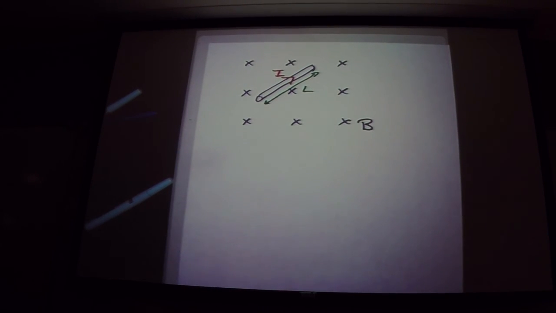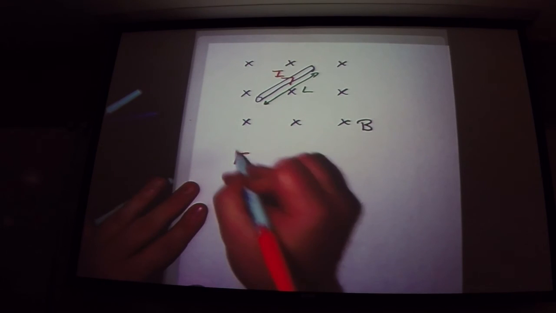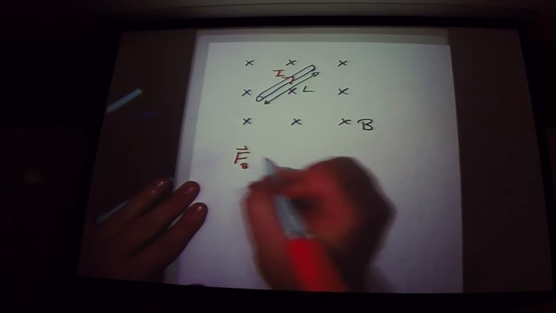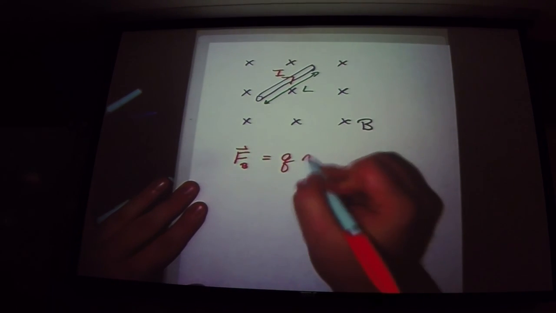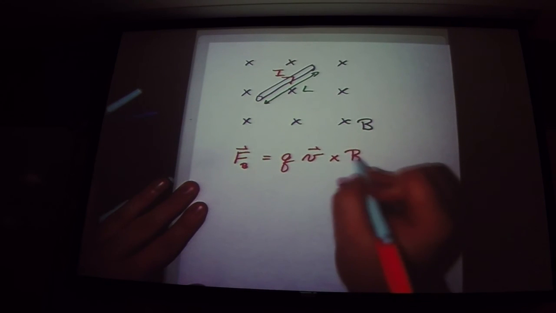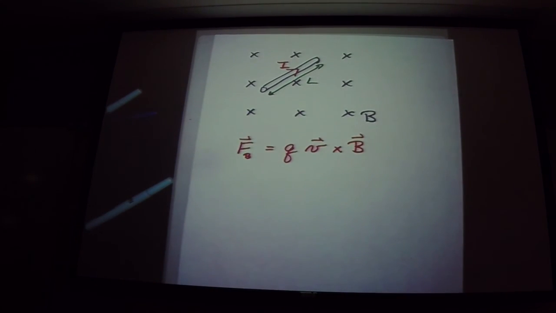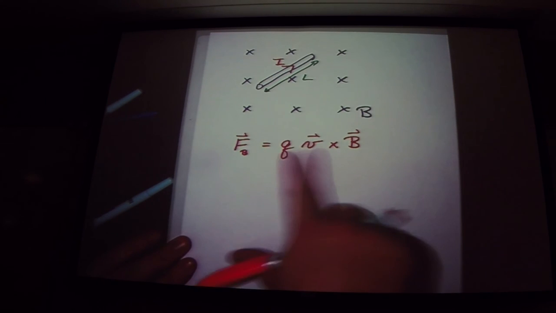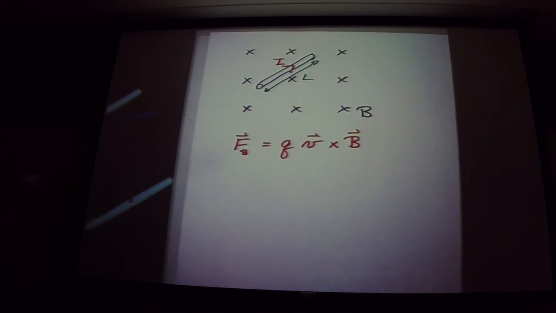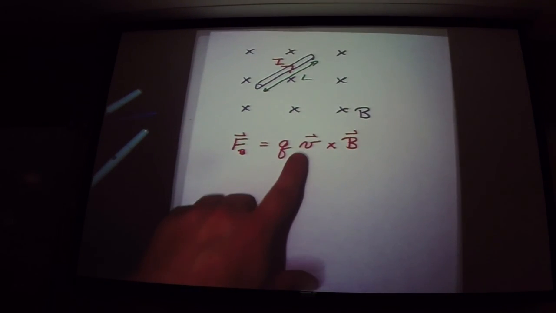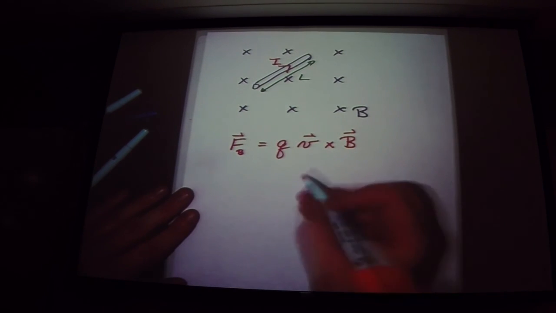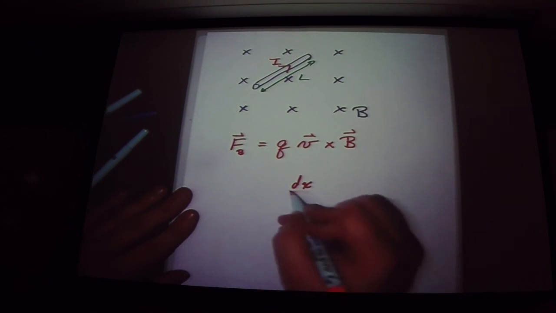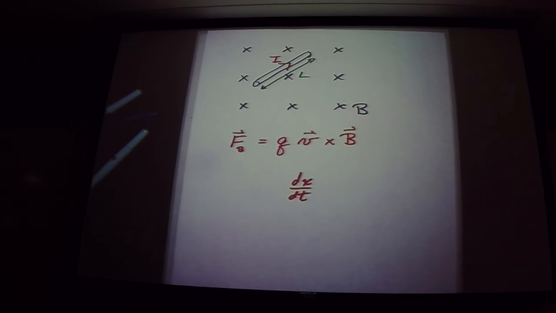The magnetic force on a moving charge is Q V cross B. If we break this down, the velocity here is dx dt.